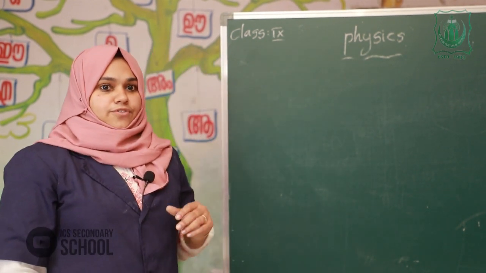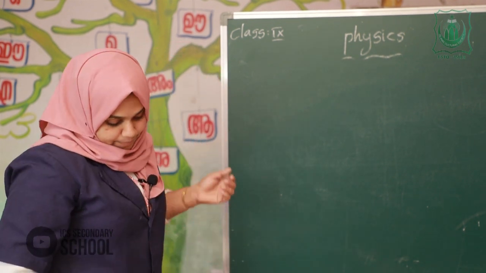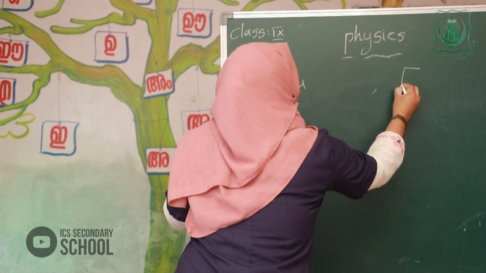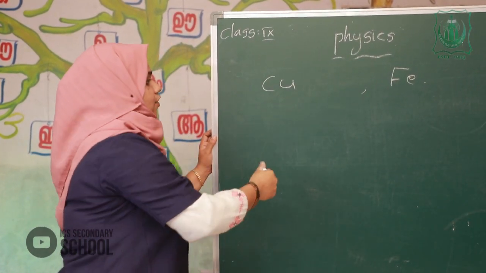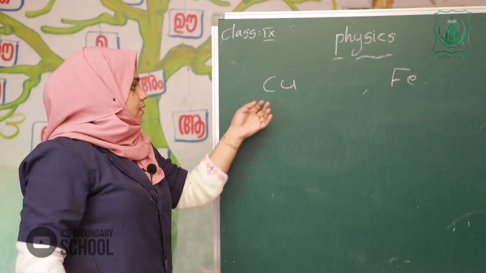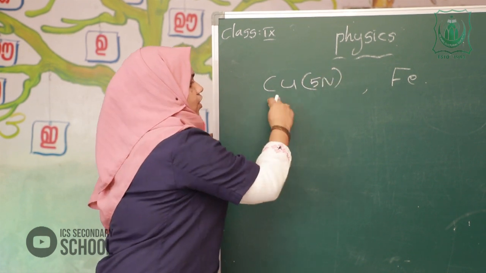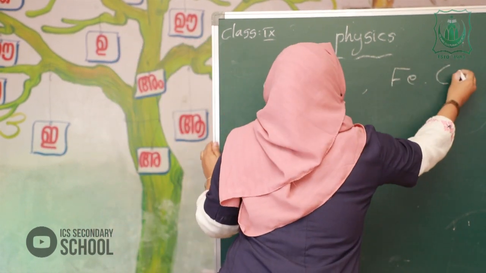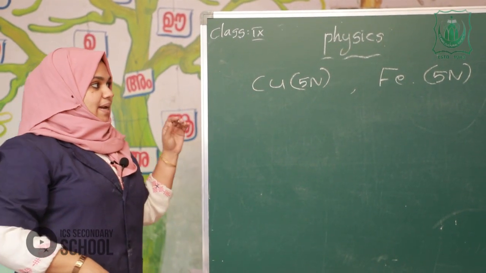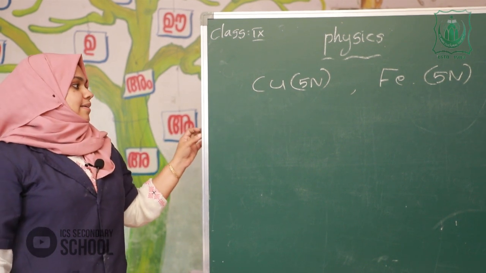Here I take one copper and one iron. We know that the symbol of iron is Fe. Here I take 5 Newton copper and 5 Newton iron. So, the same weight of copper and iron.